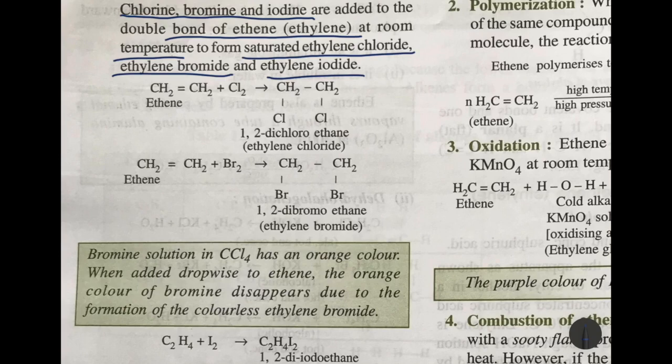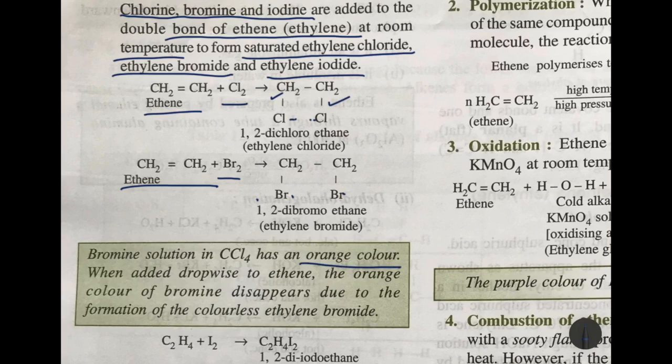So here you can see ethene reacts with chlorine to form 1,2-dichloroethane. Similarly, with bromine, ethene forms 1,2-dibromoethane or ethylene bromide. Now, bromine solution in carbon tetrachloride shows an orange color. Remember the color, children.